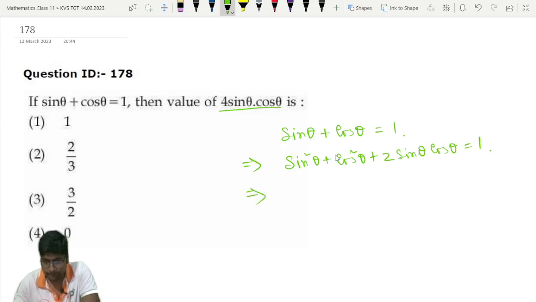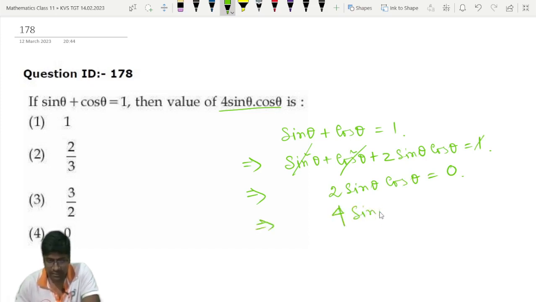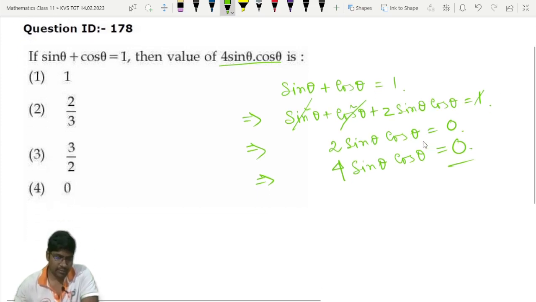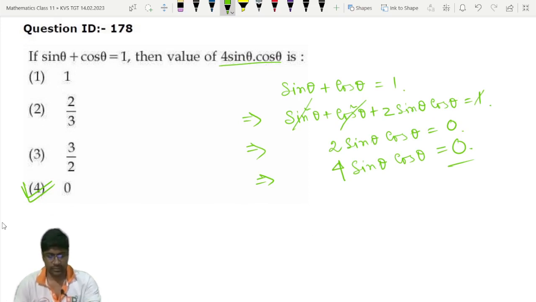Now sin square theta plus cos square theta is equal to 1, so this one and this one will be cancelled. So we get 2 sin theta cos theta is equal to 0. Just multiply by 2 both sides: 4 sin theta cos theta is also 0. So option 4 is the correct answer for this question.